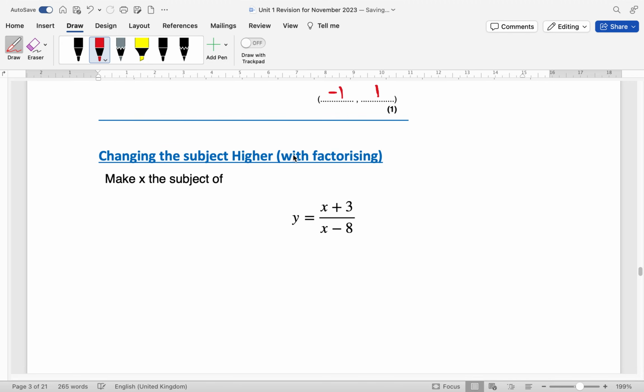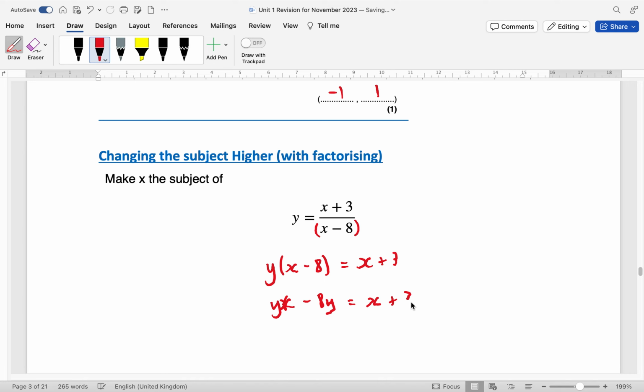Now we did one of these earlier, but this time it's higher. We can't have a fraction. Put that in brackets and move it up here. Okay? It's now really similar to the one we did earlier, intermediate. Expand the bracket. yx minus 8y, or y8, I prefer 8y, equals x plus 3.